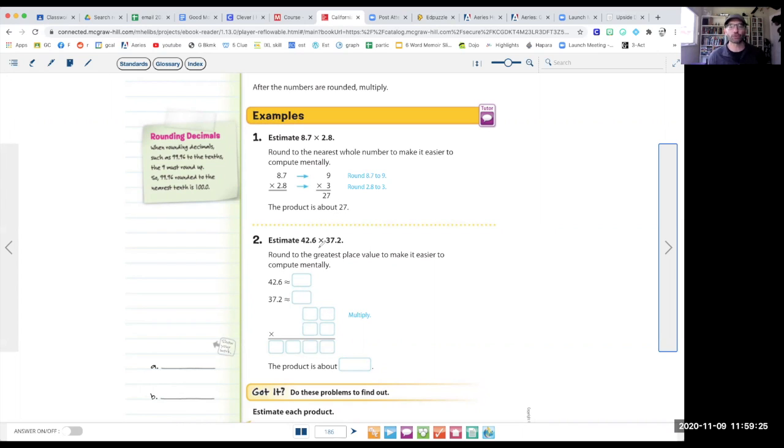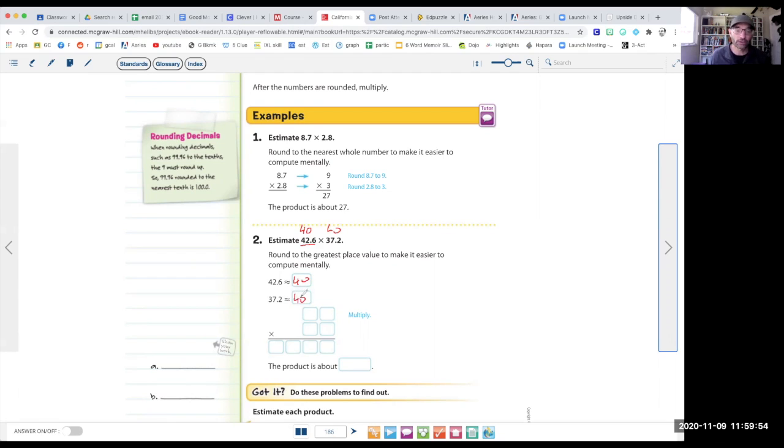Now let's look at number 2 with bigger numbers. We're going to round these, so we could round 42.6 to be 43, but we're going to round them to the nearest 10. So 42.6 would become 40. And 37.2 would round up to also 40. So 42.6 is 40, and then this is also 40.